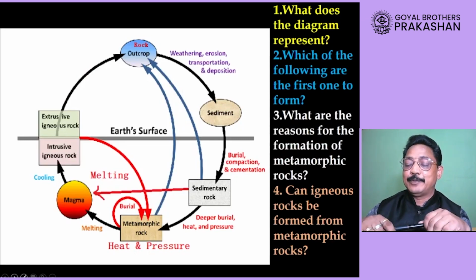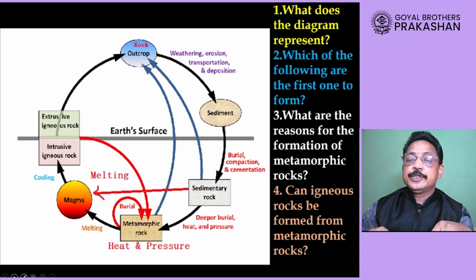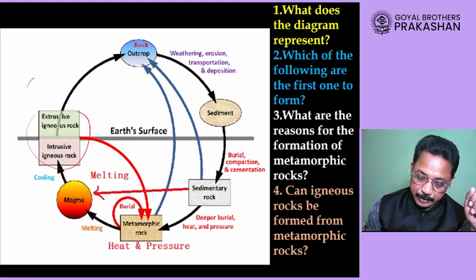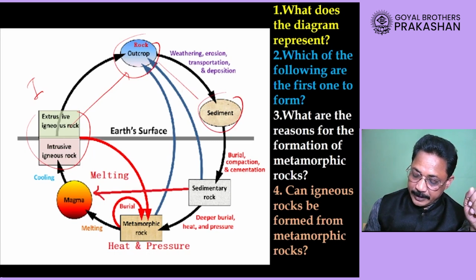Okay. Finally, you have to look at this diagram, and the questions are now based on diagrams. Question number 1 here is, what does this diagram indicate? Okay, you can see here igneous rock. Then you can see some of the rocks, a rock outcrop, they are found outside the surface. These igneous rocks are breaking into sediment.